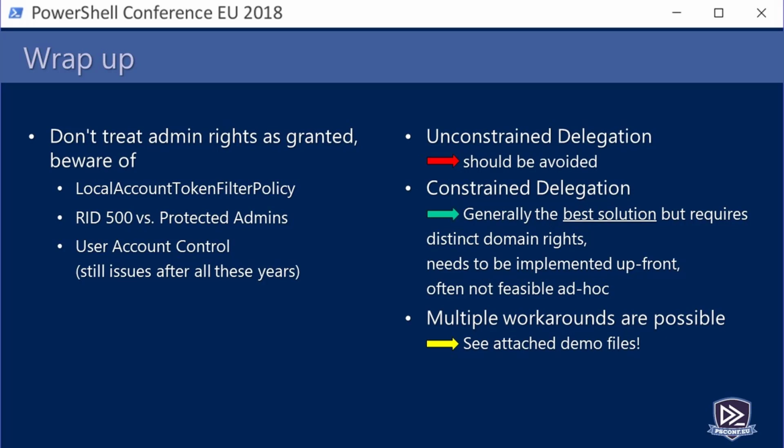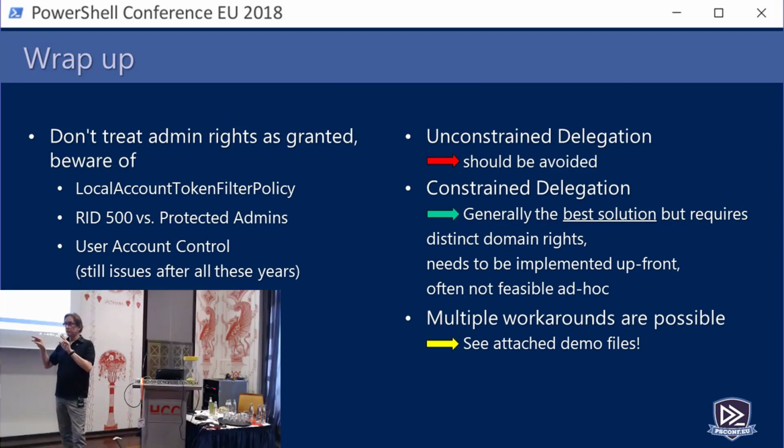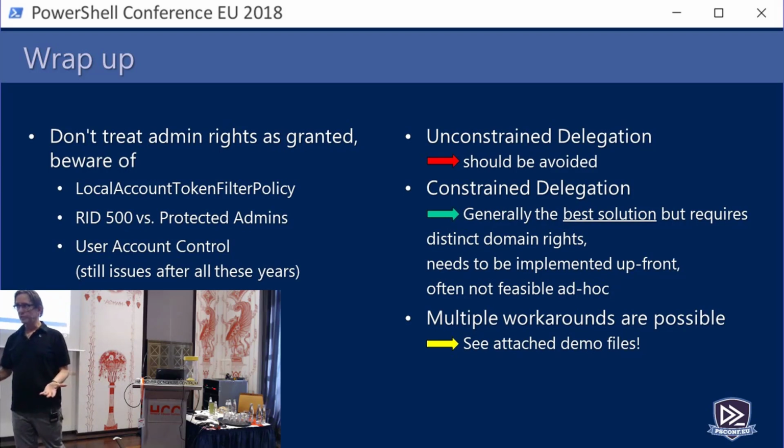Two things that I wanted to highlight. Local account token filtering is something like a hidden feature, and I don't say that without irony. It's a feature, but it nags you if you don't know about it. And the second thing is double hop. There are so many solutions to that.